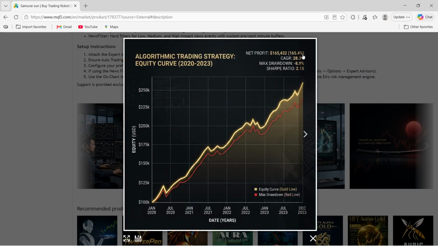We had this as a net profit, which is 165%, and the max drawdown was 8.9%. Okay, so I think this finished for a period of 4 years from 2020 to 2023. All right. So that's how we have it on the developer site.